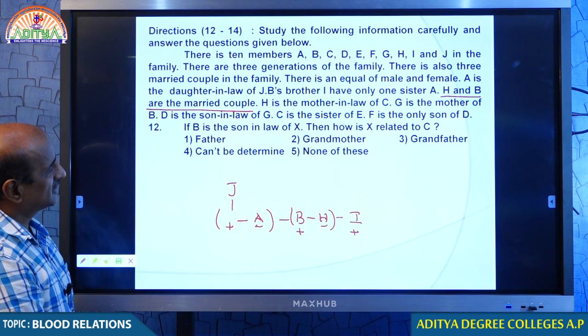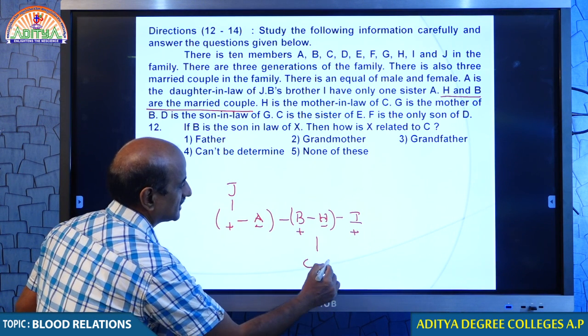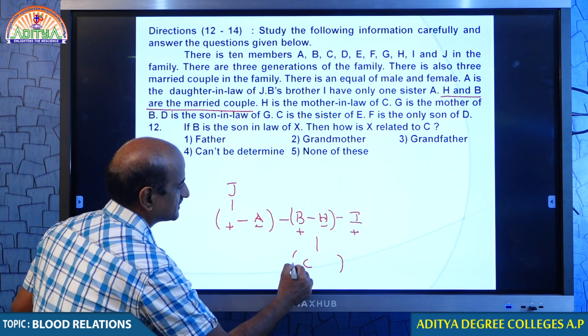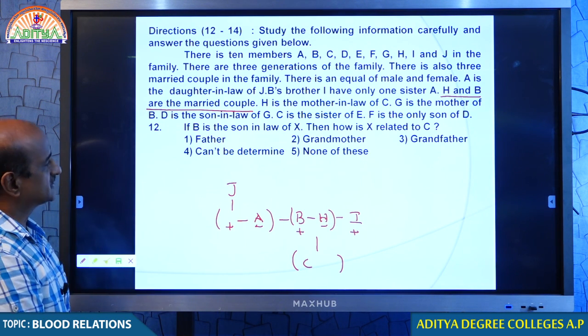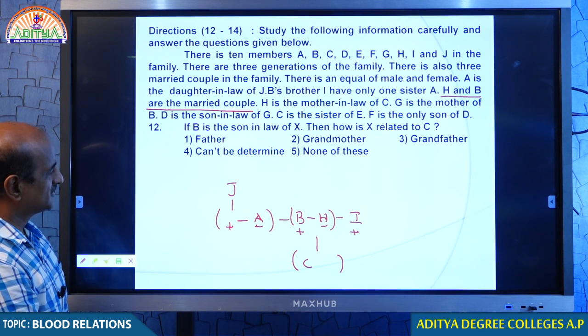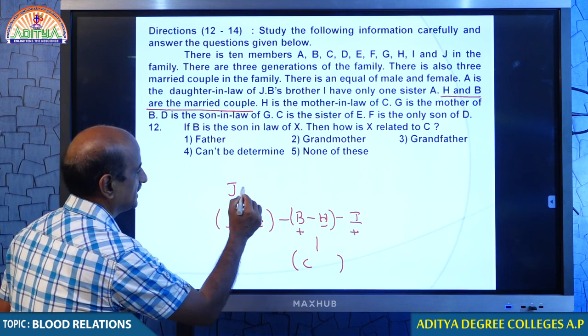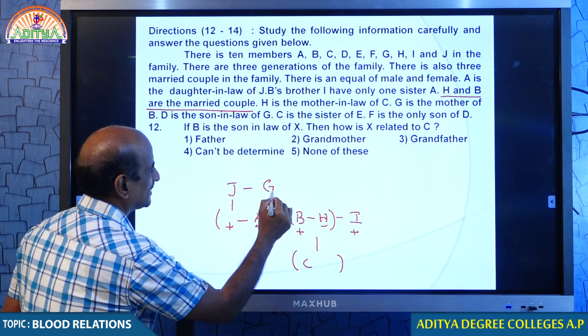H is mother-in-law of C. Then G is the mother of B. G is the mother of B, means here we have G. G is the mother-in-law.